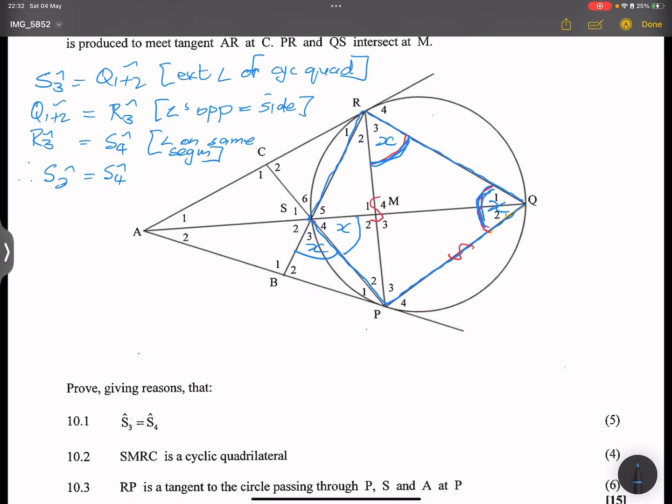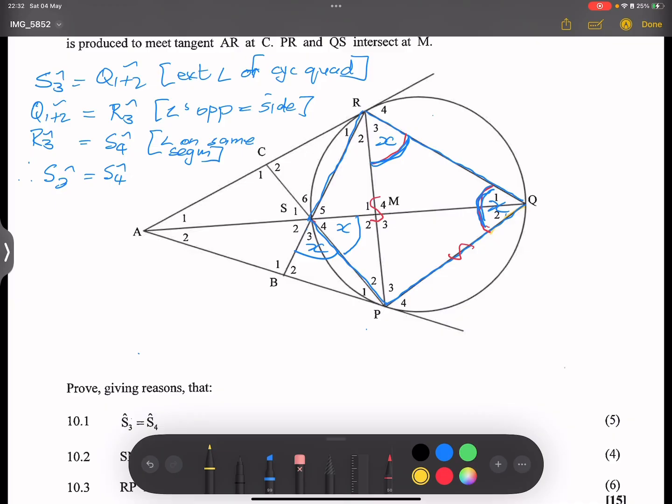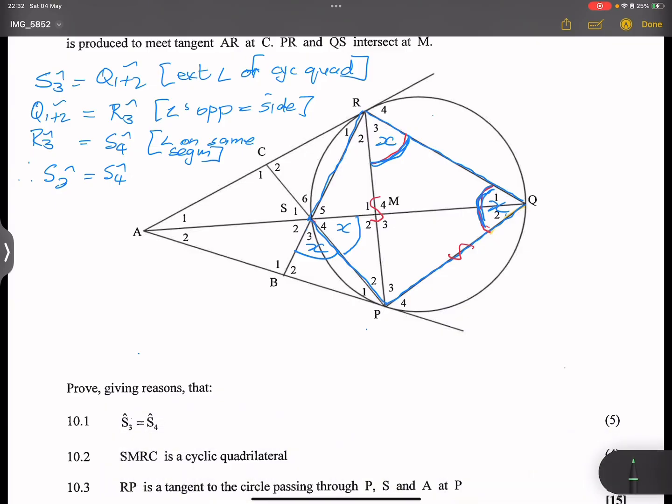They say prove that SMRC is a cyclic quad. Now, remember, the only time when we need to prove that something is a cyclic quad is if the vertices are not already all around a circle, right? So they said SMRC. So we're looking at this guy over here, right?